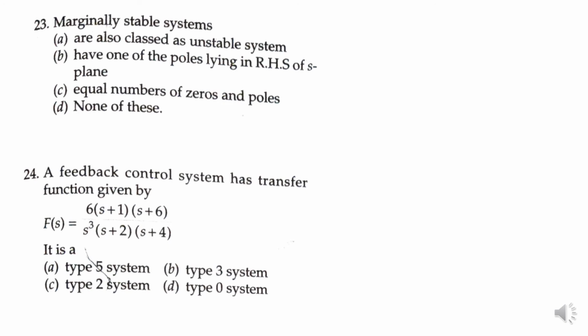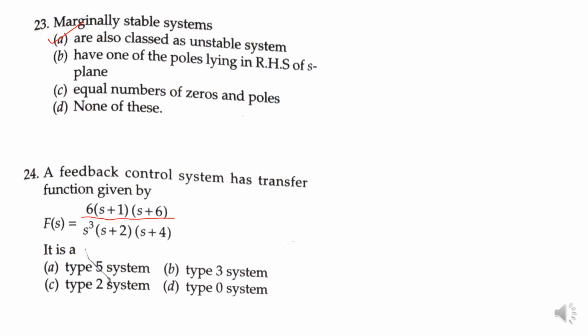Next problem, problem 23. Marginally stable systems are also called unstable systems, have only one of the poles lying in the RHS of S-plane, equal number of zeros and poles, none of these. Marginally stable systems are also called unstable systems is the correct answer.